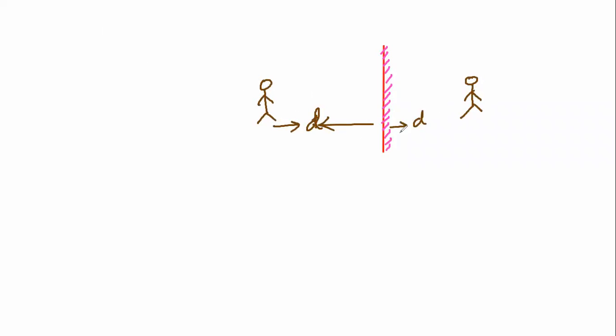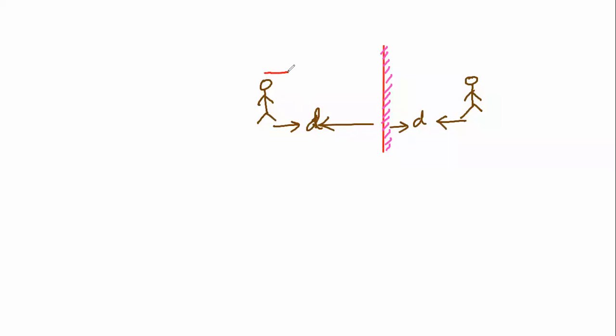Let us suppose reflection from a plane mirror. If the object is at a distance of d from the plane mirror, then its image also will be at the same distance from the plane mirror.